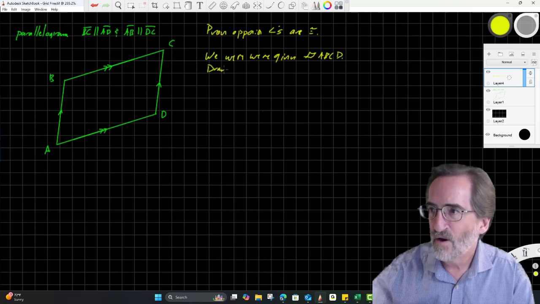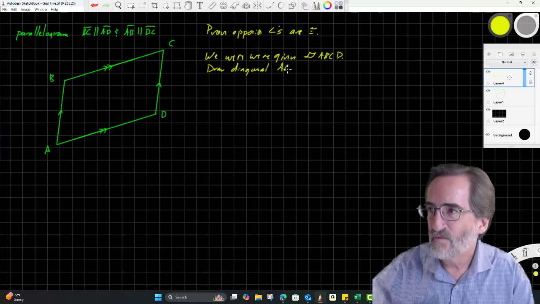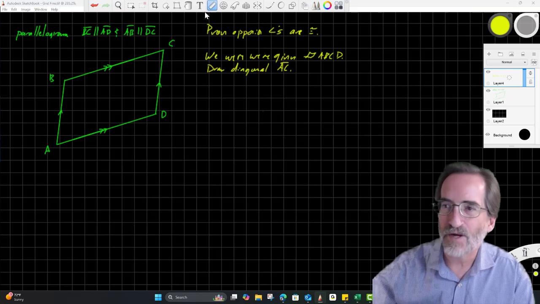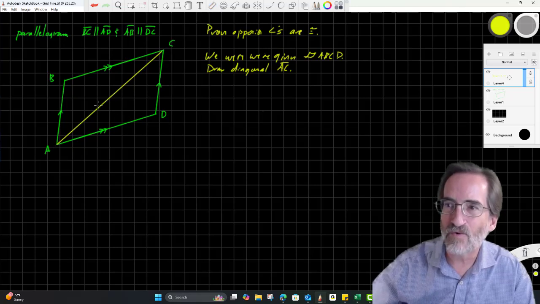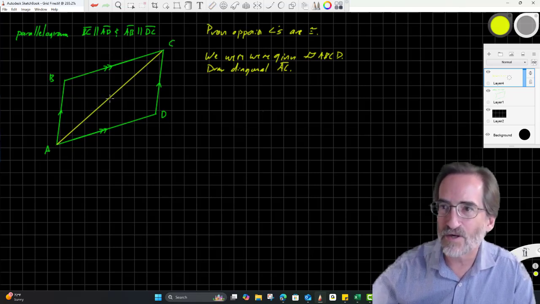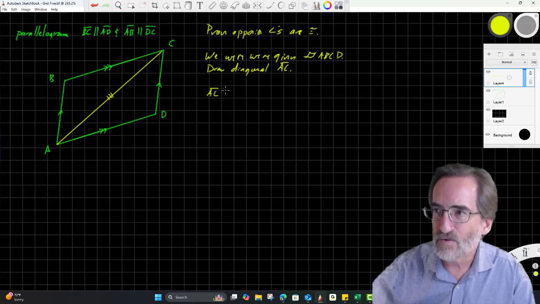Draw diagonal AC. So let's draw diagonal AC. And by the same reasoning as before, we can prove the triangles are congruent. AC is congruent to itself by the reflexive property.